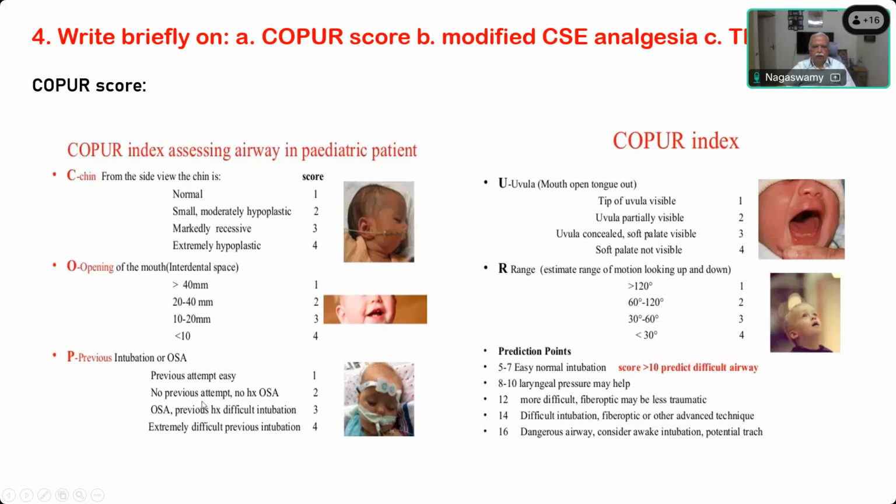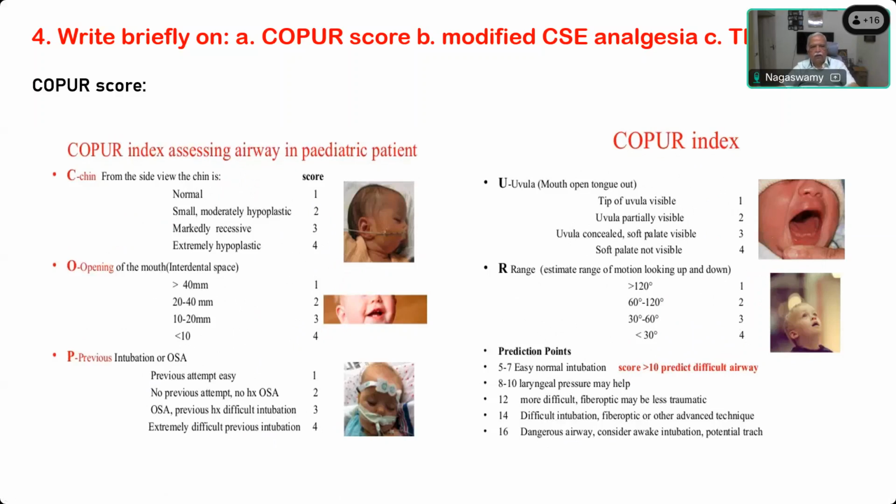So being 5 components, you can get up to a maximum of 20 marks in the most difficult cases. But 20 is practically not possible in most patients. So the majority of them will not be there in the living conditions. So we take a maximum of 16 as a dangerous airway, where awake intubation or potential tracheostomy is to be thought of.